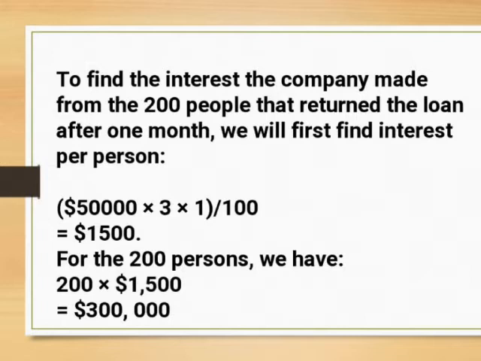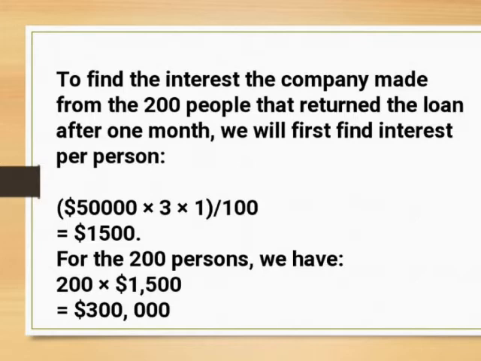So when we solve out, we have $1,500. Now, interest for the 200 persons, we have to multiply by 200. So multiplying out, we have 200 times $1,500. This will give us $300,000.